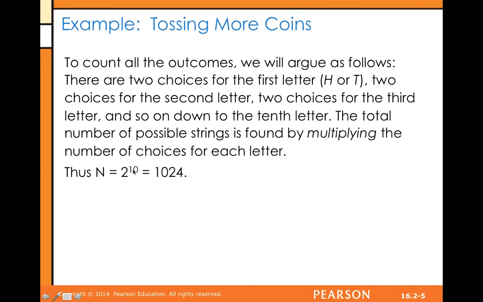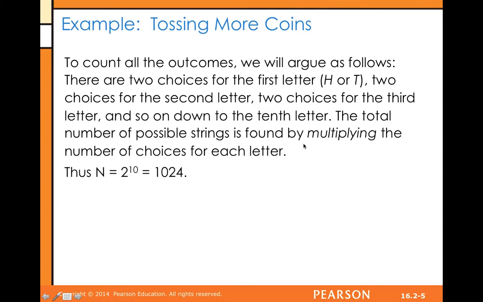And you'll notice this says 2 to the 10th. 2 to the 10th is 2 times 2 times 2 times 2 times 2, etc., 10 times. So if you actually wrote this 2 to the 10th out, you would have 10 2's staring at you. 1 2 per choice. Right? So you had 10 separate choices, right?